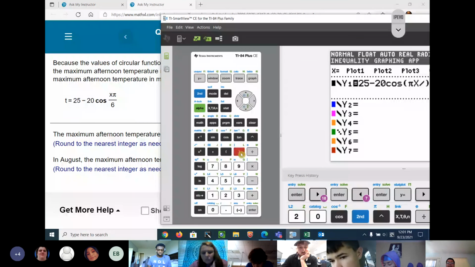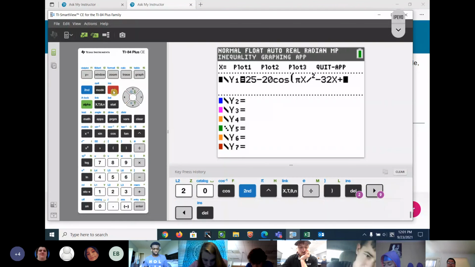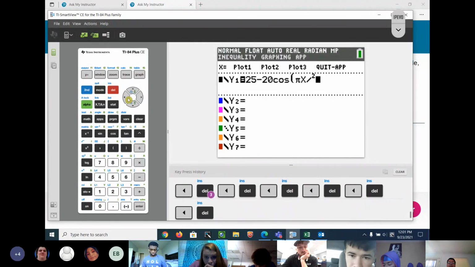Hold on a minute. I can't see what I'm typing in. I should have cleared it. Always clear it because it'll mess up when you hit delete. It'll start deleting your equation. I don't know why it does that. Always clear it before you do this.